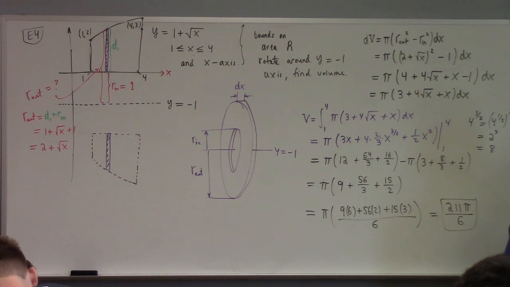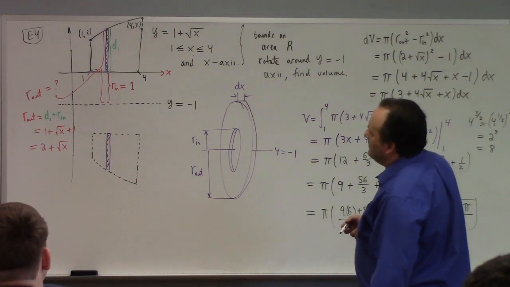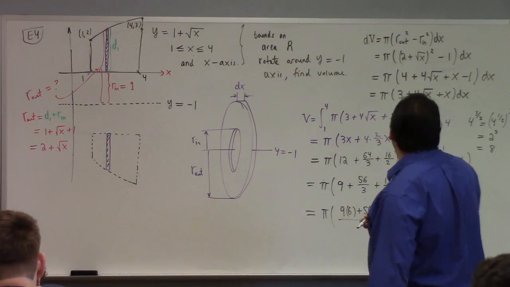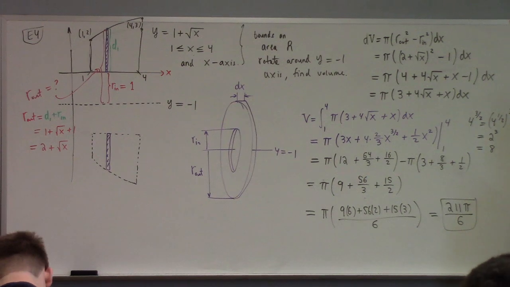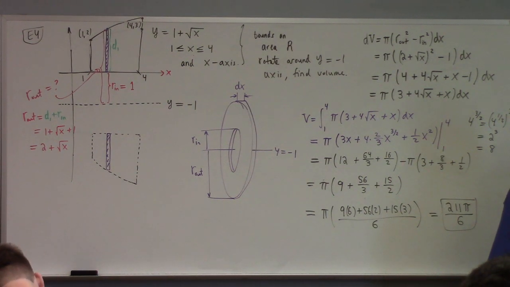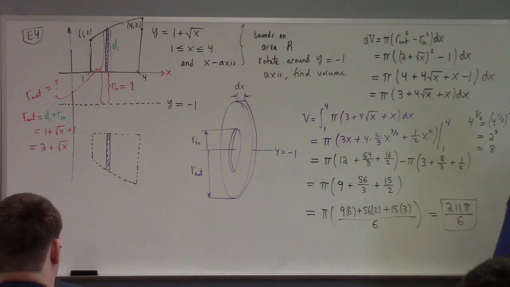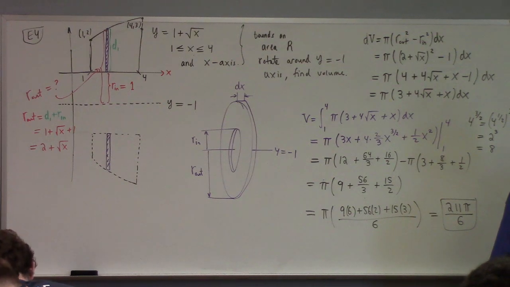So again, we have y equals 1. Oh, wait a minute. No, I didn't have y equals 1. What did I have? It wasn't y equals 1 I had as the lower bound. It was this, right? There we go. So it was y equals 0, y equals 1 plus the square root of x, x equals 1, and x equals 4.